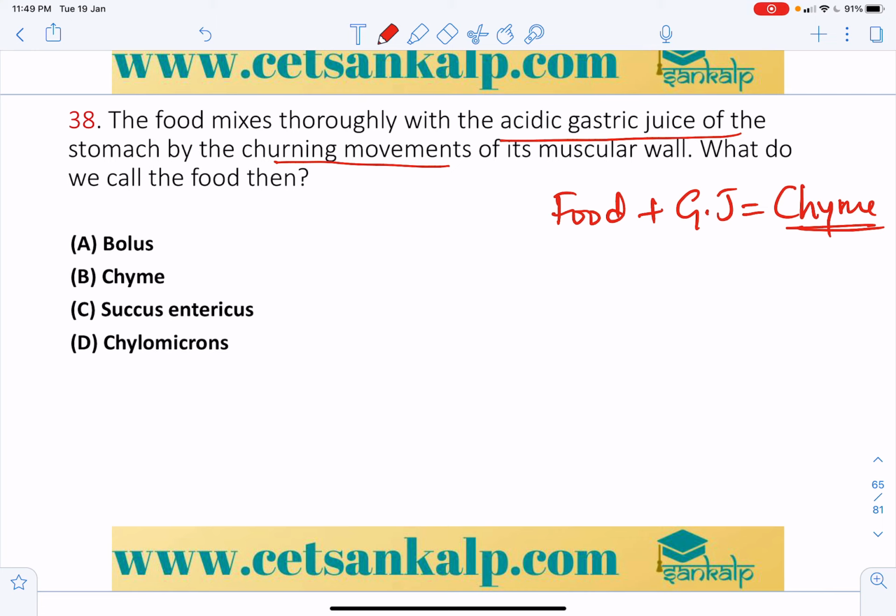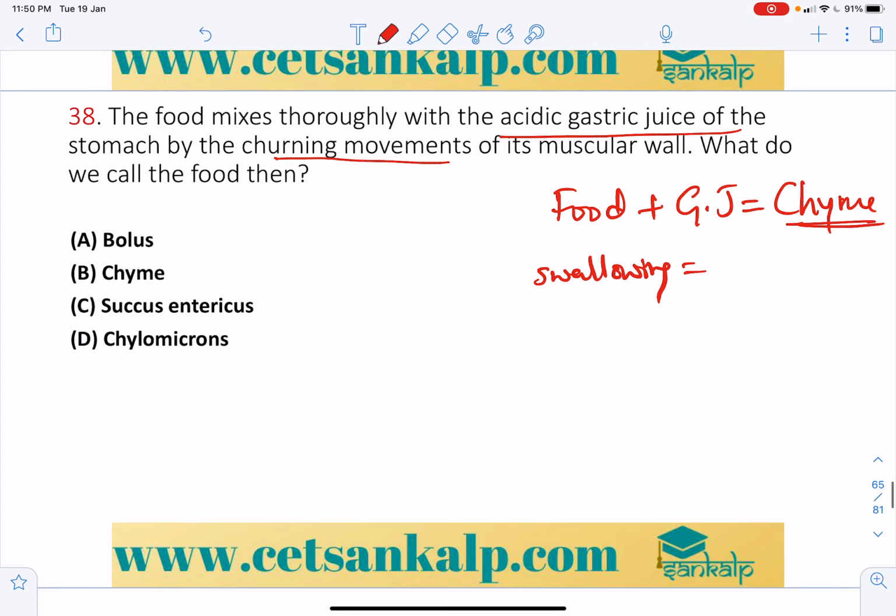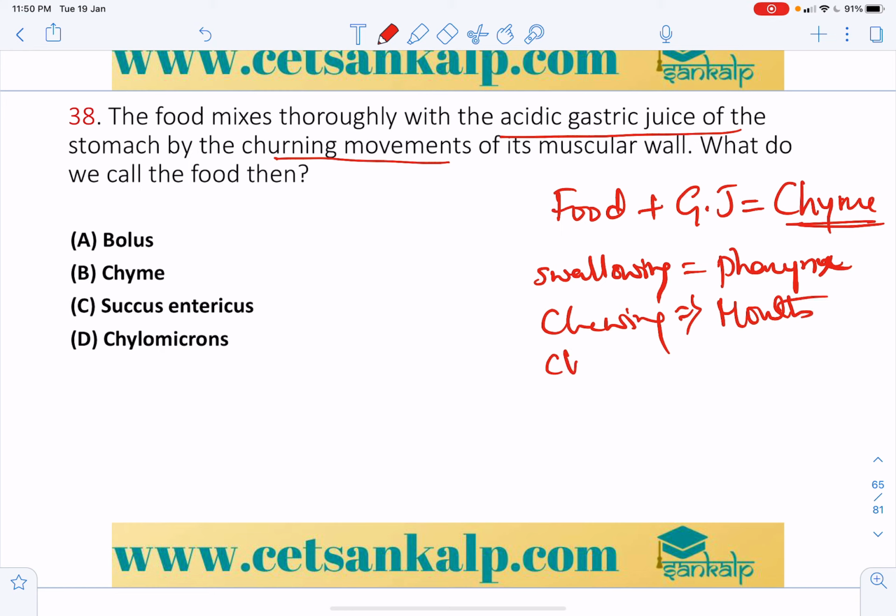That is one type of movement. Let me mention here: swallowing with the help of the buccal cavity, generally with the help of the pharynx, and then chewing or mastication which will be there in the mouth, and then churning will be there in the stomach, which helps to mix the food.